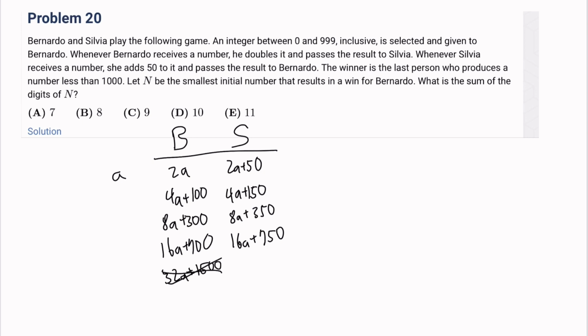So if Bernardo is to win, then Sylvia has to lose at this point or earlier. So 16A plus 750 has to be more than 1000. But we also have to keep in mind that 16A plus 700 also has to be less than 1000.